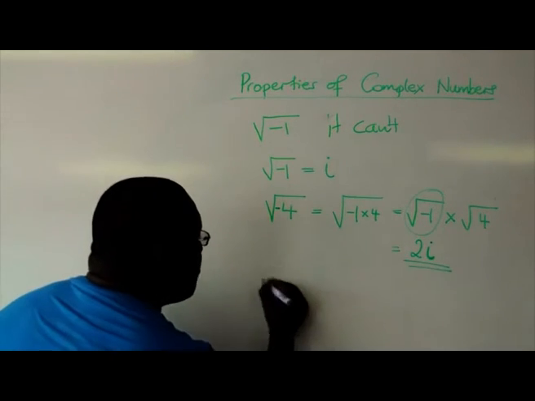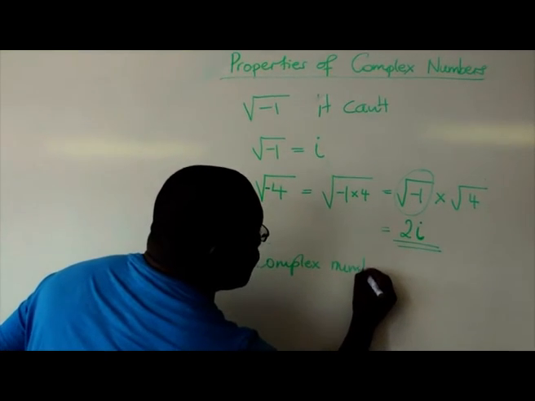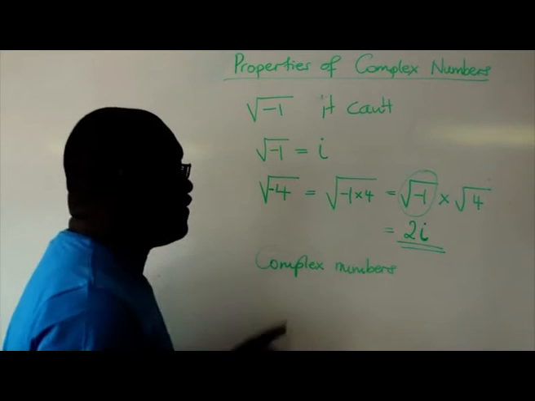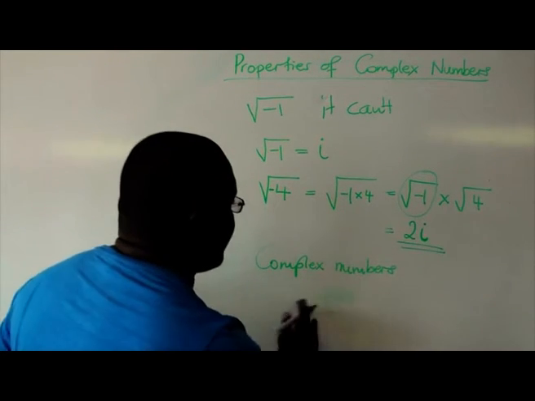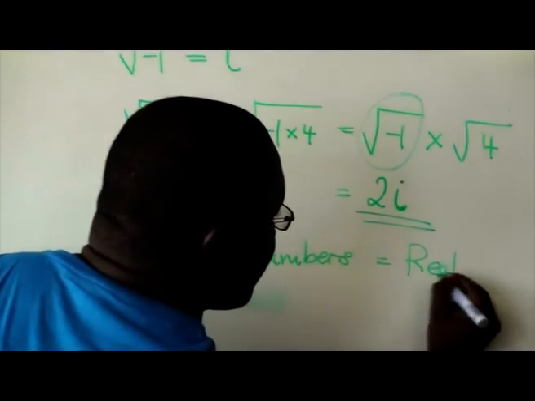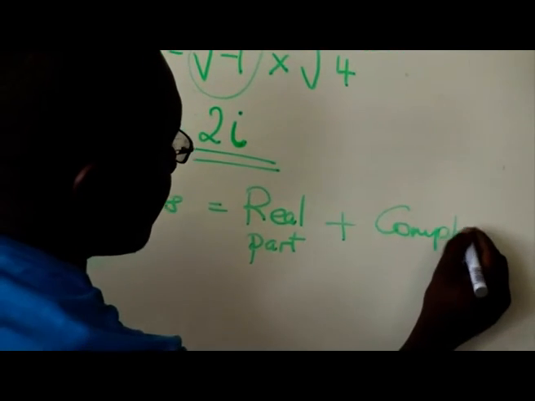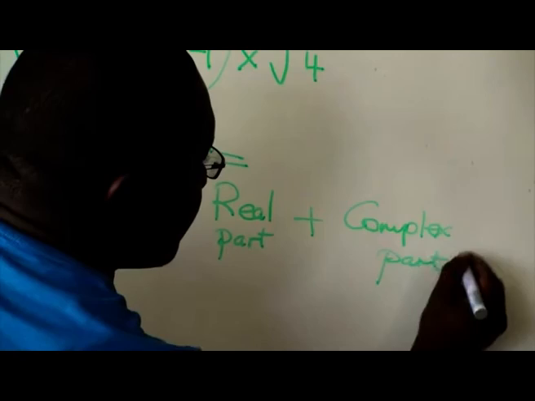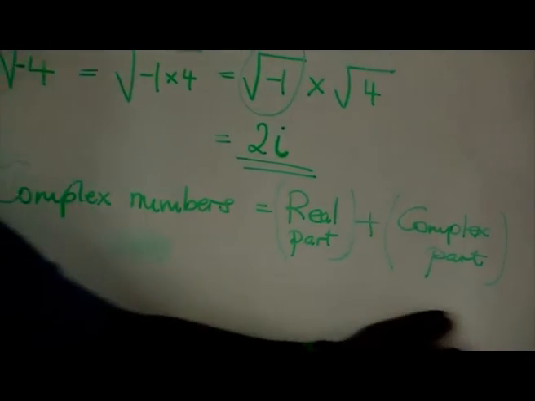So complex numbers have two parts. The first part is the real part. Let me write it like this: complex number equals real part plus complex part. So what do I mean by this?